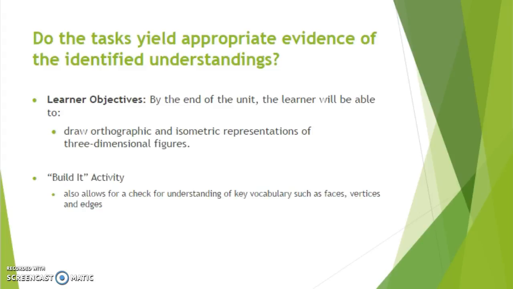And based upon the 6 clues, the students had to create these structures, and then we used those structures to practice drawing the isometric and orthographic views. And it also allowed a good informal formative check for understanding of key vocabulary that we had learned earlier in the unit, such as faces, vertices, and edges. And I really liked that it forced the students to use problem-solving skills within the learning.